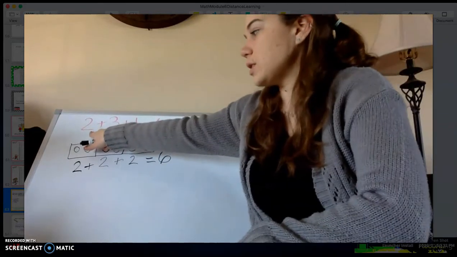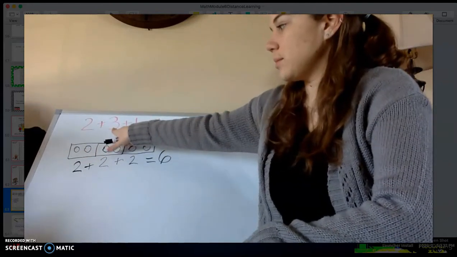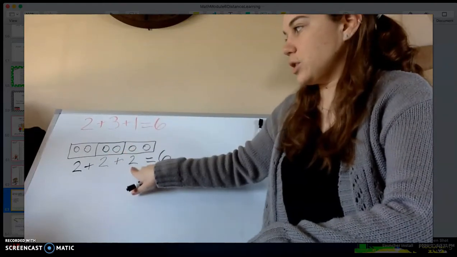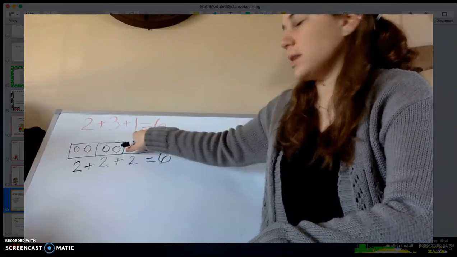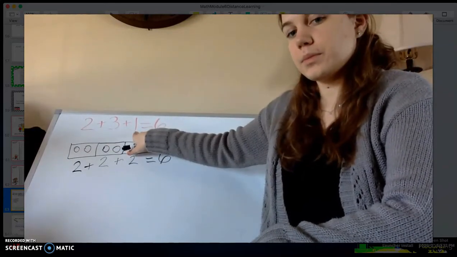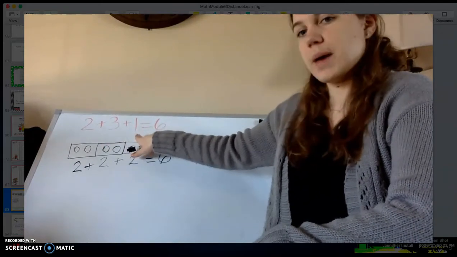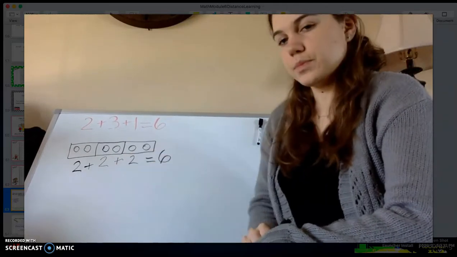So this one had 2, so they didn't change that one. This one has 3, but now it has 2. And this one has 1, and now it has 2. What could they have done to make this one less and this one more? Good, they took 1 from this bag and put it in this bag to make it 2 and 2.